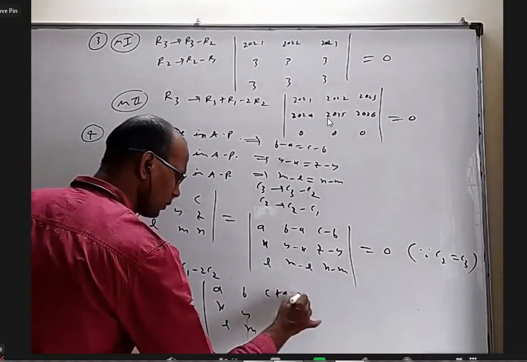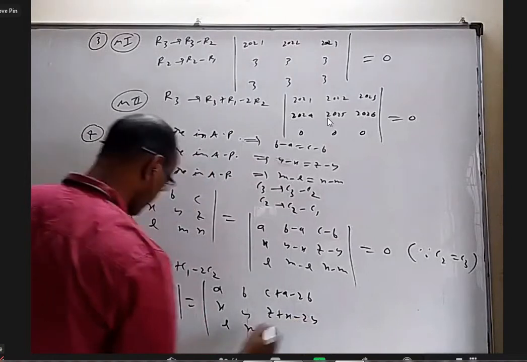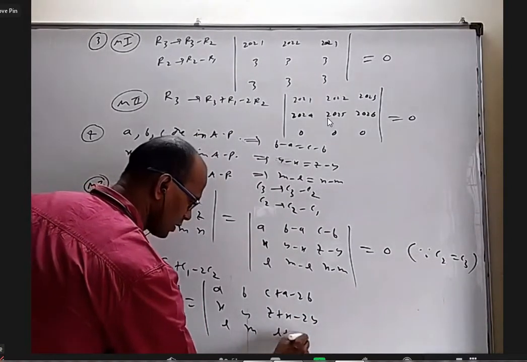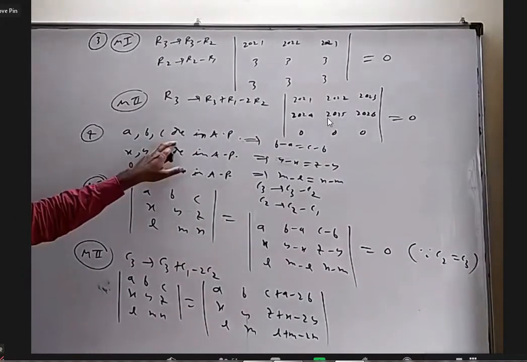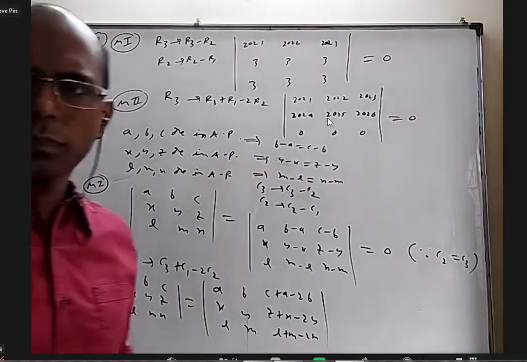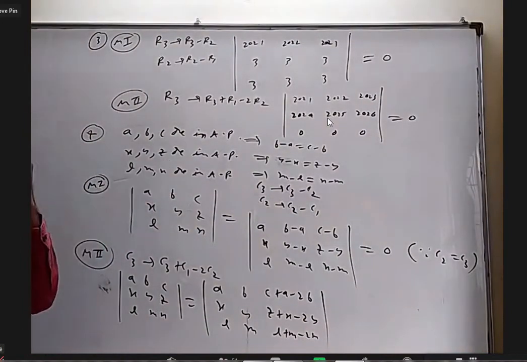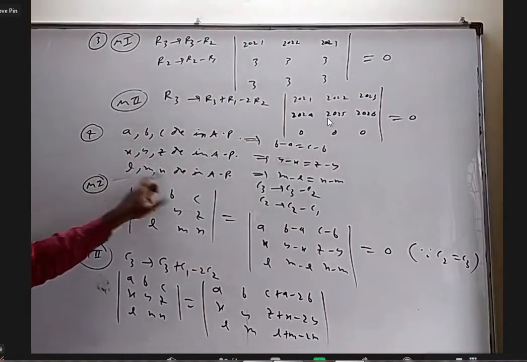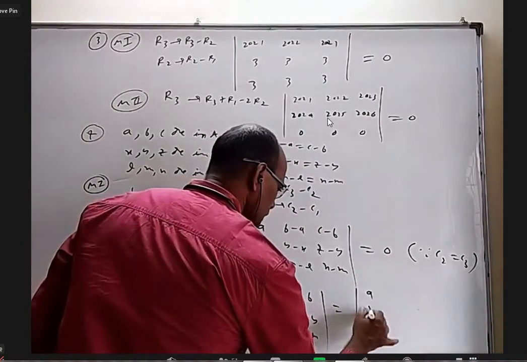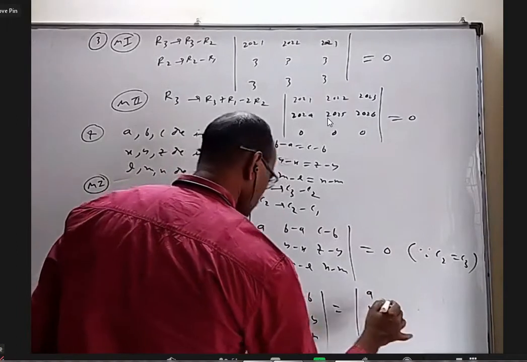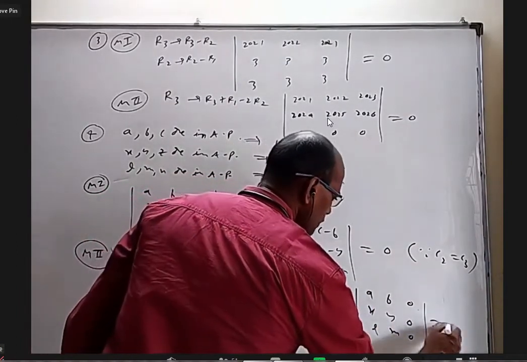So C plus A minus 2B, Z plus X minus 2Y, and N plus L minus 2M. All of you know, whenever three things are in AP, A plus C is 2B. Yes, sir. And X plus Z, yeah, arithmetic mean, X plus Z is 2Y, L plus N is 2M. So this is 0, this is 0, this is 0. You will get A, X, L, B, Y, M, 0, 0, 0. One column is 0, so the determinant is 0.